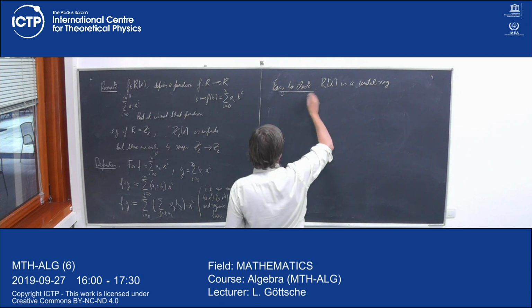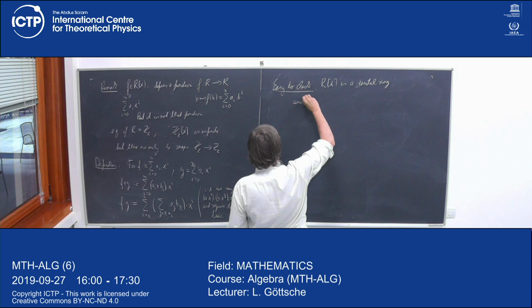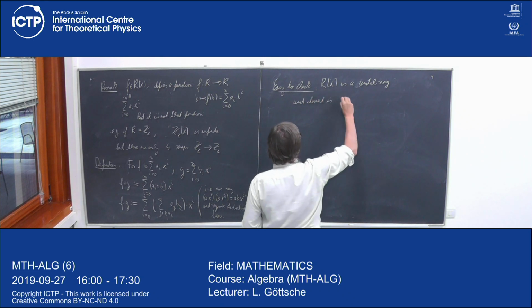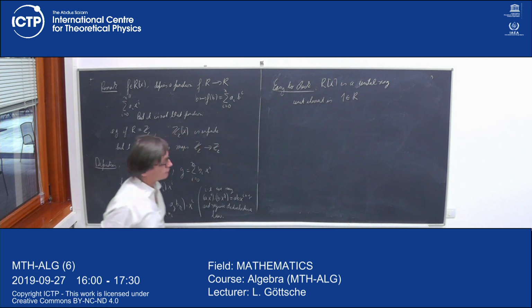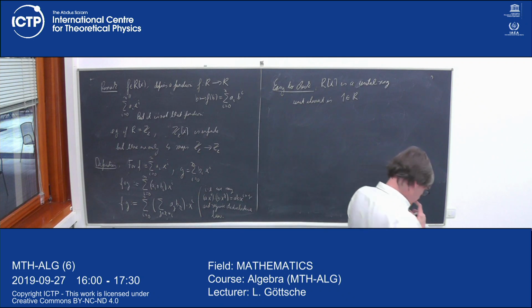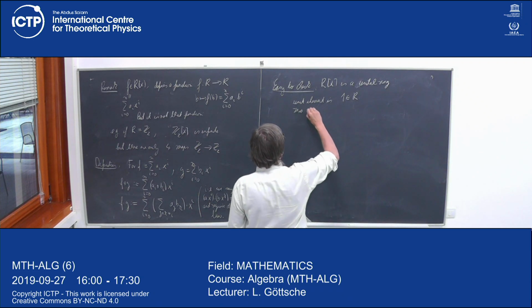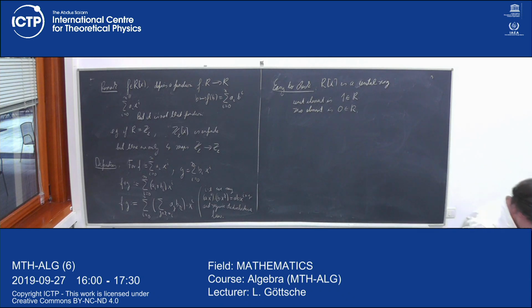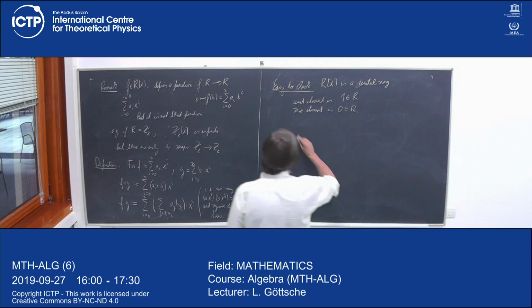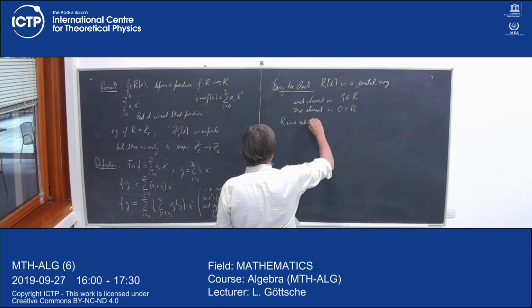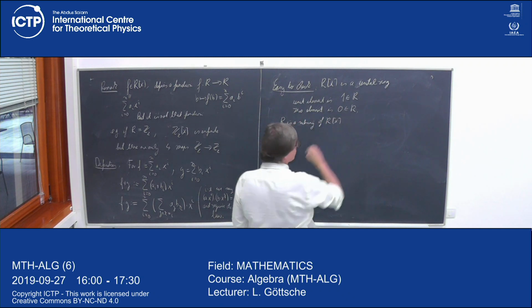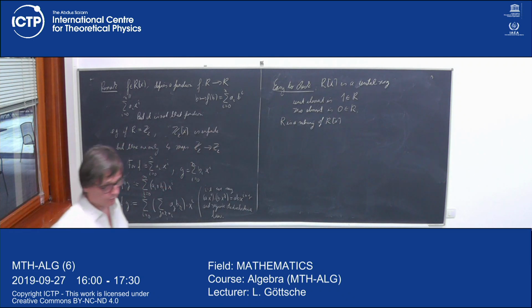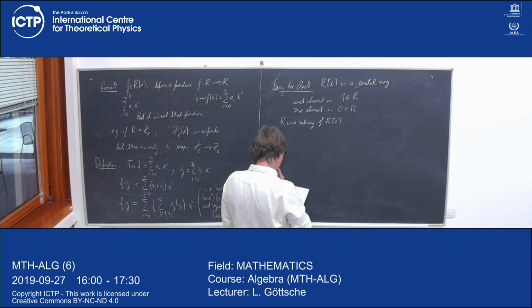Obviously the unit element is the one in R, viewed as a constant polynomial, and the zero element is 0 in R. So R is a subring of R[x], obviously, because if you multiply two constants, it will be a constant.